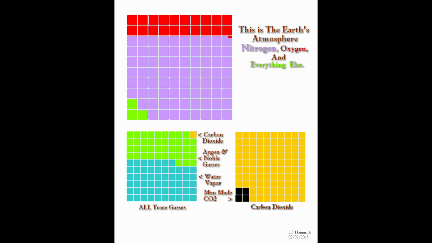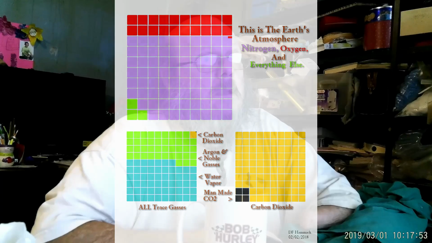Then we have argon and noble gases in the green. And then you'll look up there and you'll see that one little pixel of the carbon dioxide. Now remember, this is the bottom left corner of the whole atmosphere blown up, and that's how big the carbon dioxide is in that little corner.